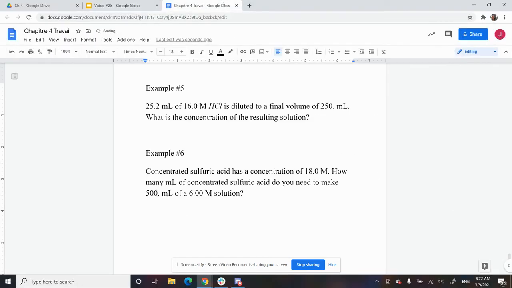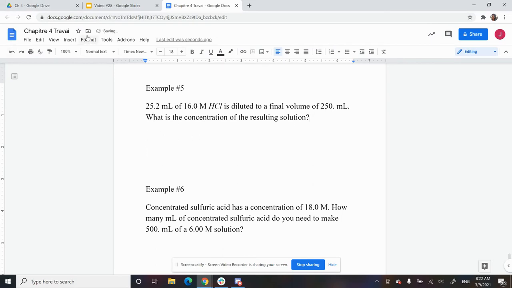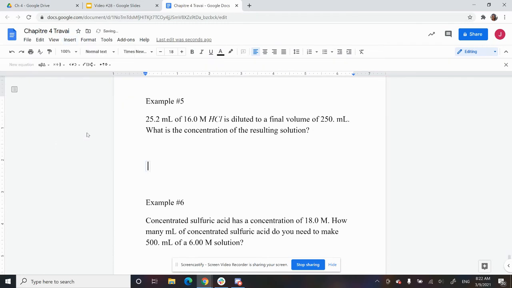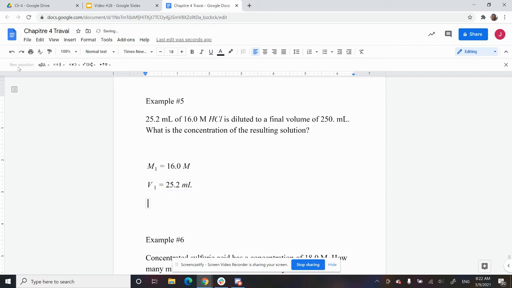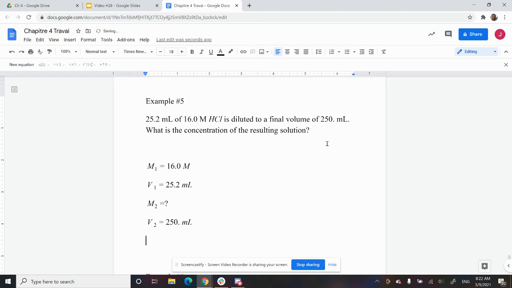Okay, I will work through this. Some of you are probably sitting here wondering, do I need to convert the milliliters to liters?